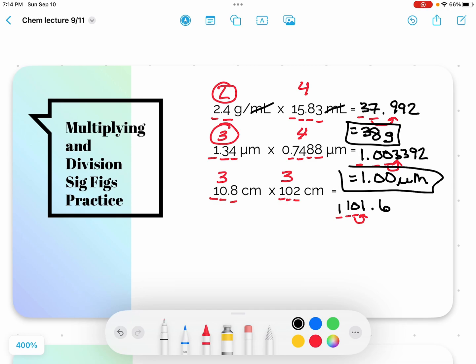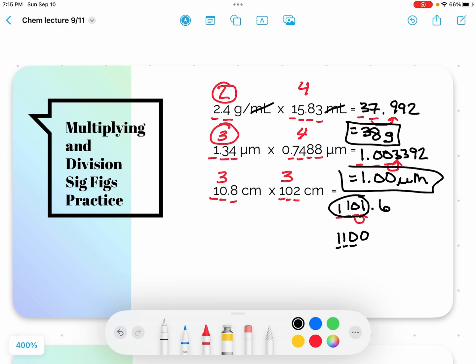Now, the problem is, my answer would be written as 110. But is 110 the same as 1,101? No. So this is where we have to add in that placeholding 0 that we talked about on Friday. I cannot add a decimal though, because right now I have 3 sig figs.